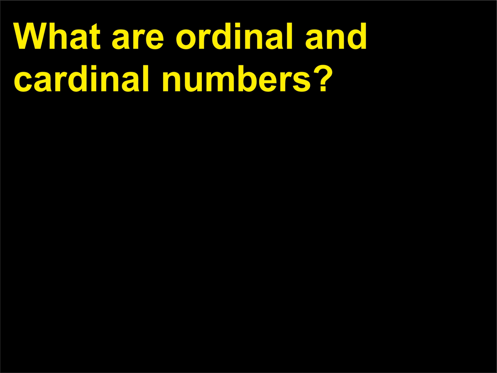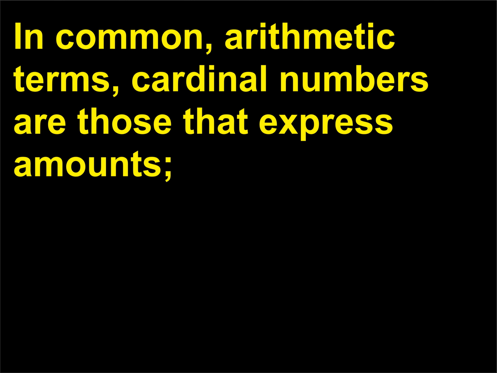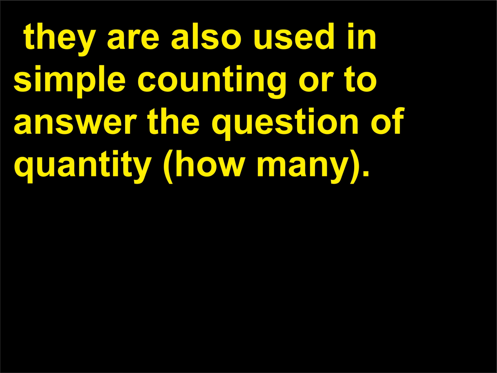What are ordinal and cardinal numbers? In common arithmetic terms, cardinal numbers are those that express amounts. They are also used in simple counting or to answer the question of quantity, how many.